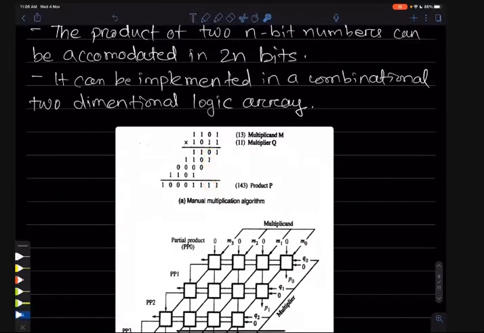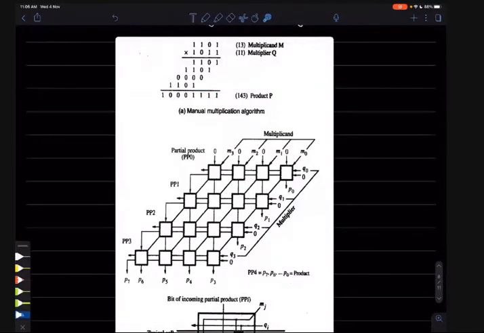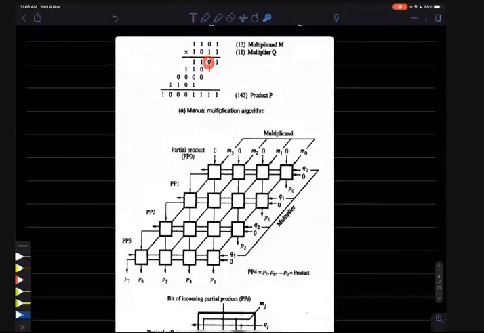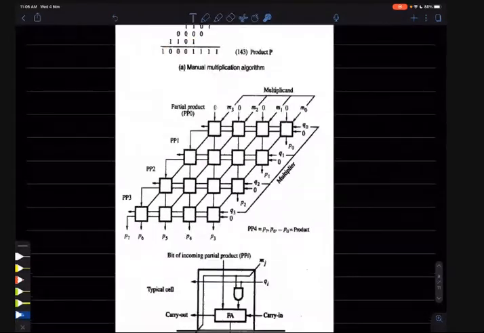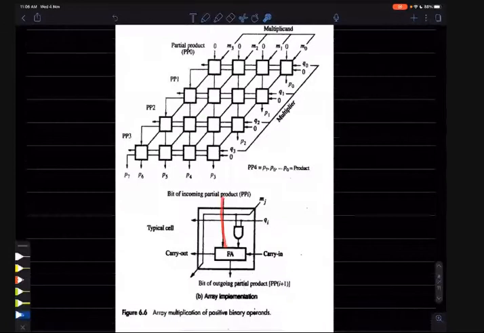So that's why the previous partial product, this 0, has to be an input to the full adder. We input the previous partial product to the full adder, and the current multiplication result is also an input to the full adder.